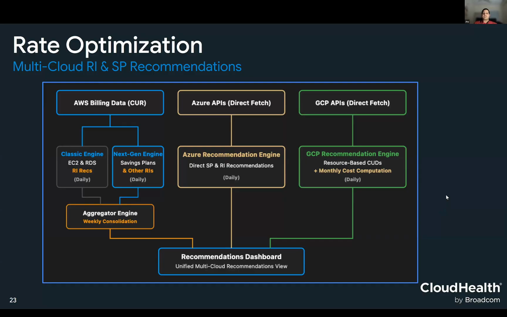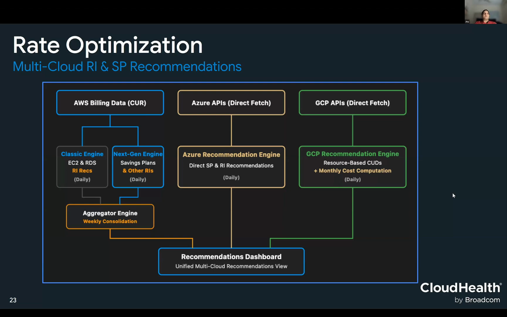The Azure recommendation engine fetches the savings plan and reservation recommendations from Azure directly and then stores them into the database. For GCP, again, we rely on the native cloud-provided API to fetch resource-based commitment recommendations on a daily basis. Post ingestion, we do some post processing. Our platform computes the monthly projected cost, normalizes the data and stores it into the database.